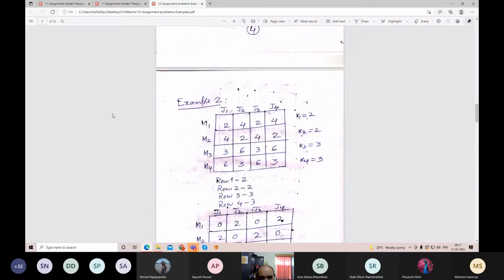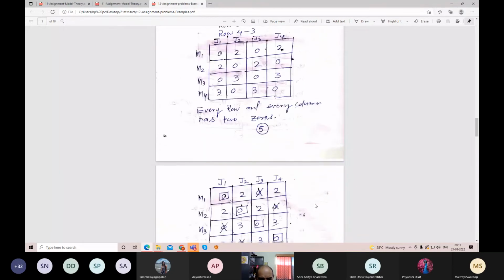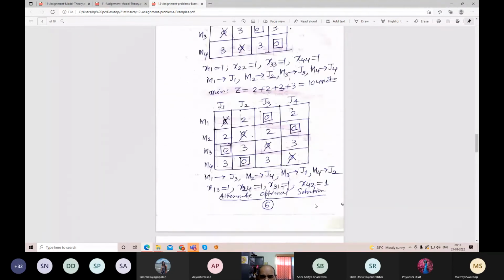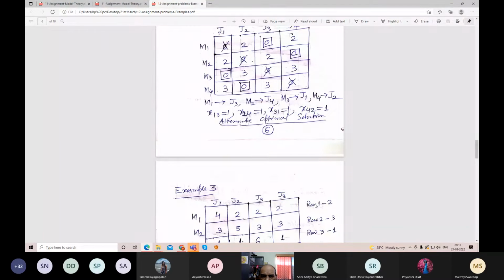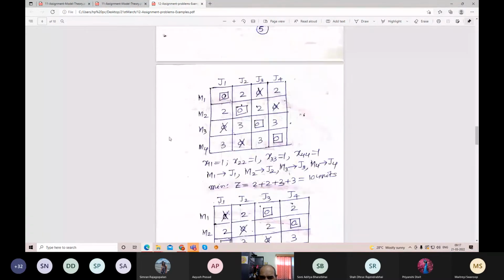What is the minimum cost? 2, 2, 3, 3. So the minimum cost is 10 units. Now, if instead of the first 0 you select the second zero, we can also find another solution. This solution you can also obtain using the same rule.